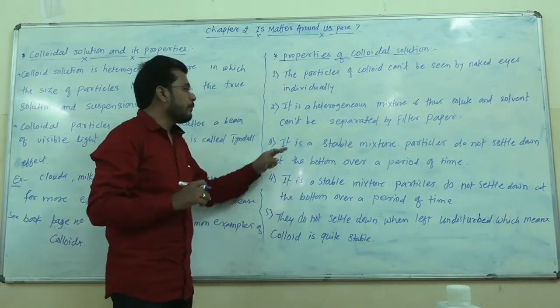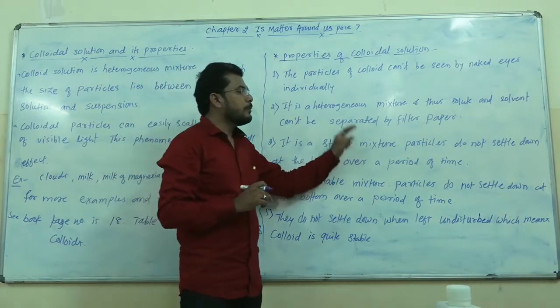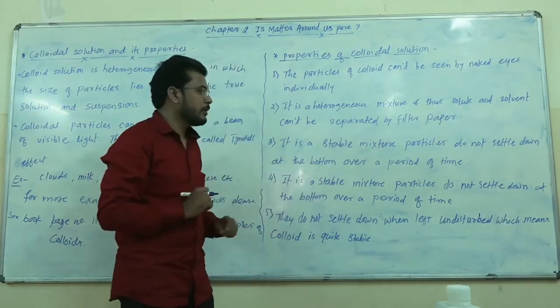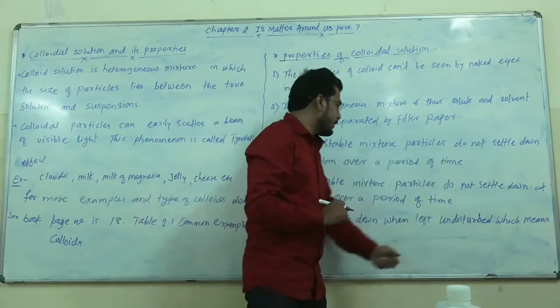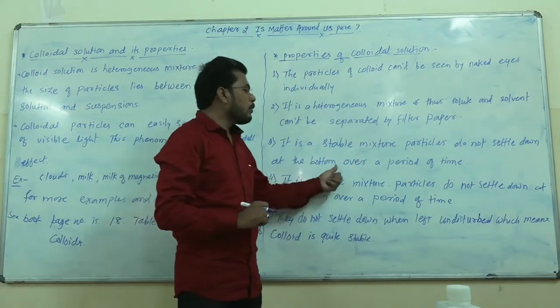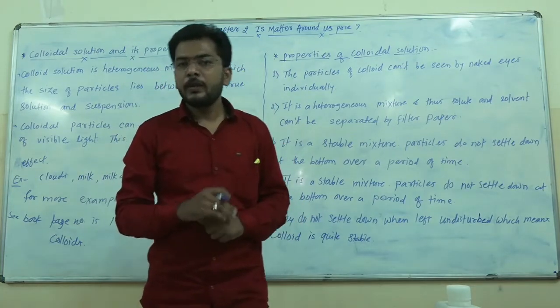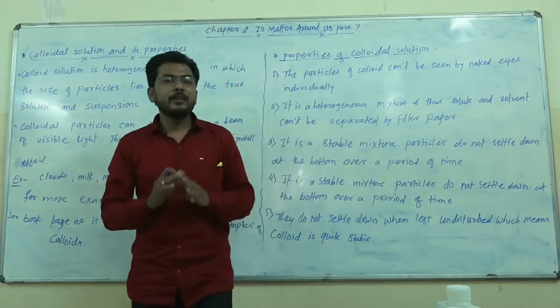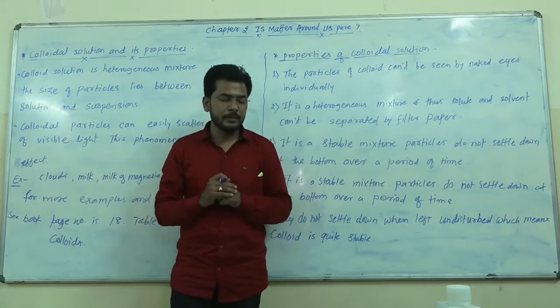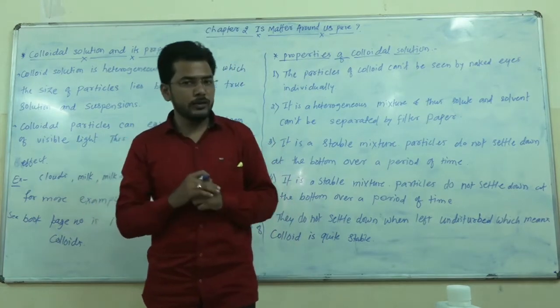Now the third property: it is a stable mixture. Particles do not settle down at the bottom over a period of time. In case of suspension, we know that the mixture is unstable. It is a heterogeneous mixture.